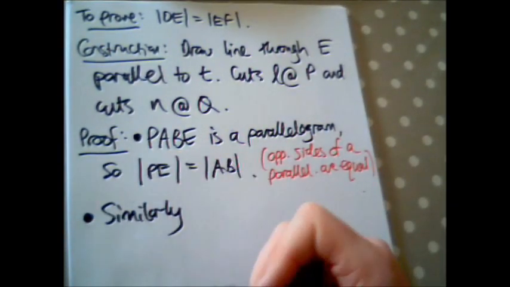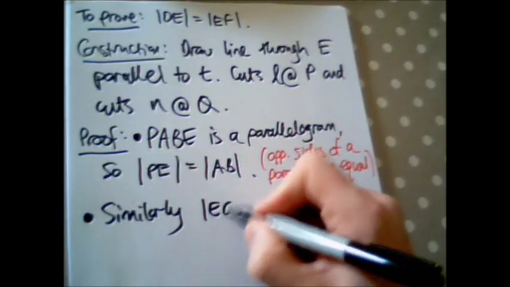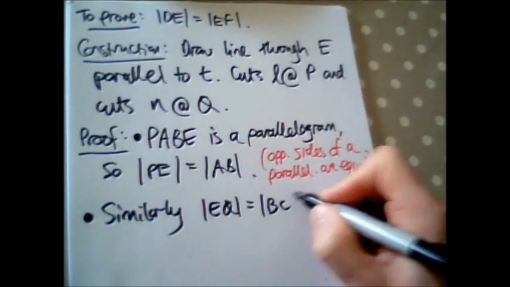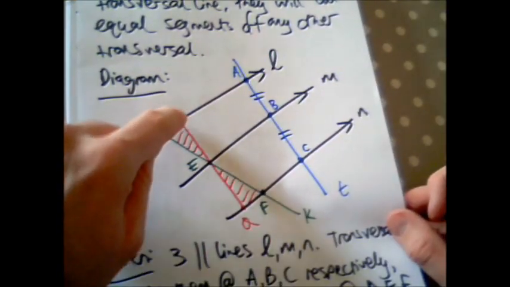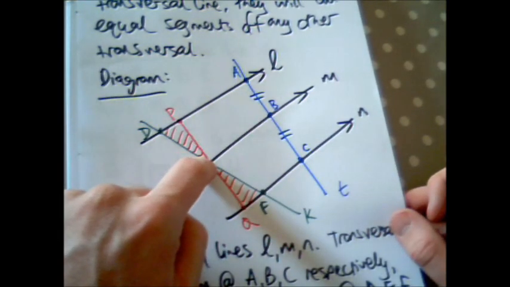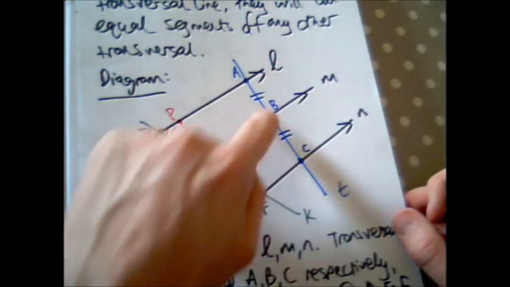Second thing we do is we say similarly, EQ is equal to BC. And it's similar because it's the exact same setup. So PABE is a parallelogram, so this side equals this side, and EBCQ is a parallelogram, so this side equals this side.